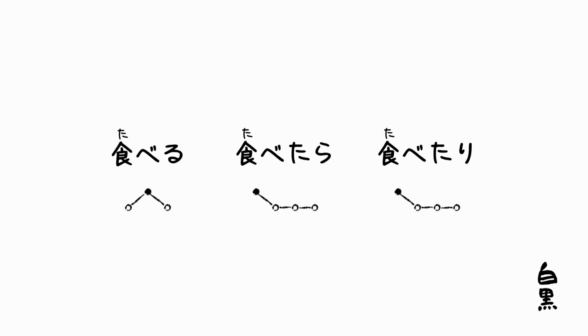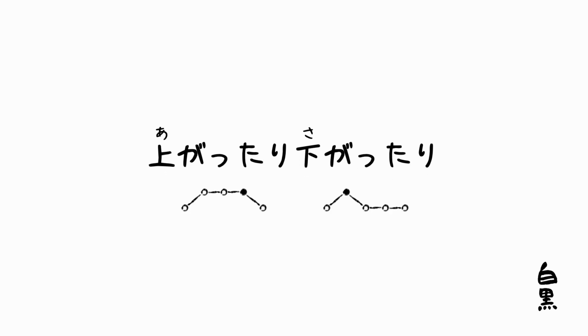With this, everyone should now be able to read the phrase from the beginning of this video with the correct pitch accent. That's right. 上がったり下がったり. Because 上がる is a nucleus-less verb, and 下がる is a nucleus-bearing verb.